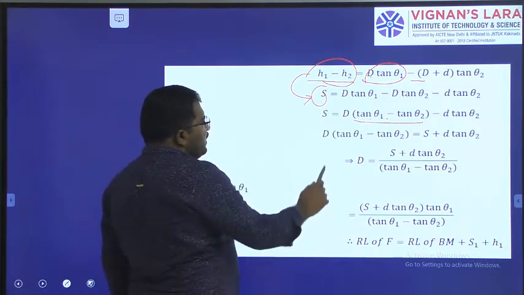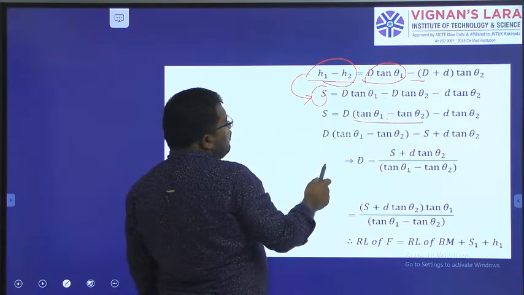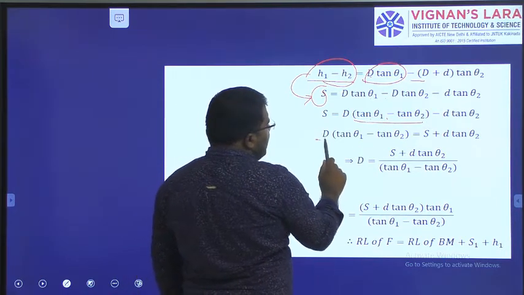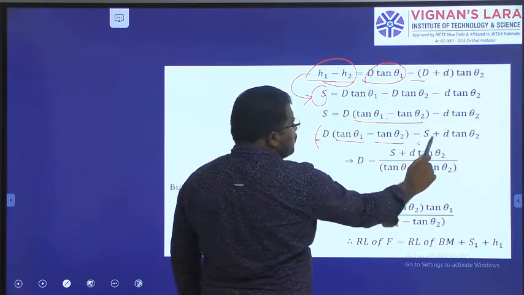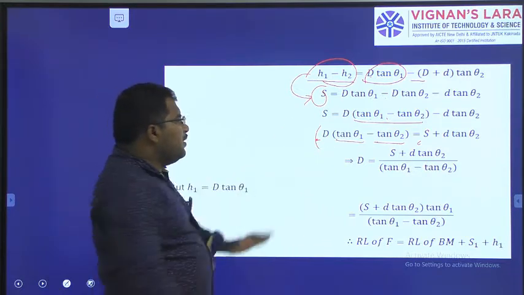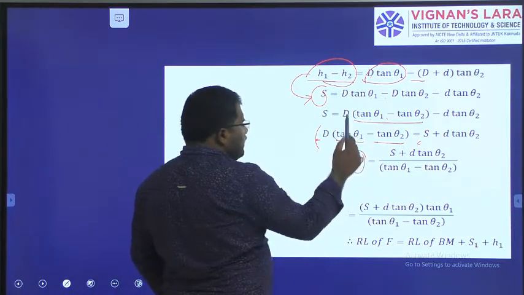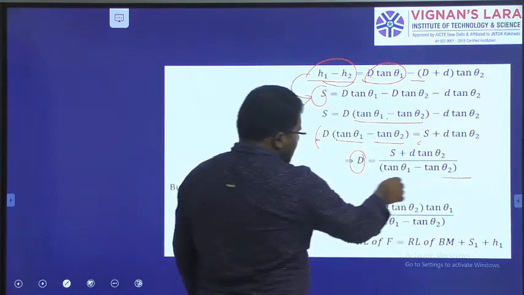Now S will be sent to that side and this brought to this side. Finally we are going to get capital D into (tan theta 1 minus tan theta 2) equals S plus small d tan theta 2. Now from this equation we can find out the D value.